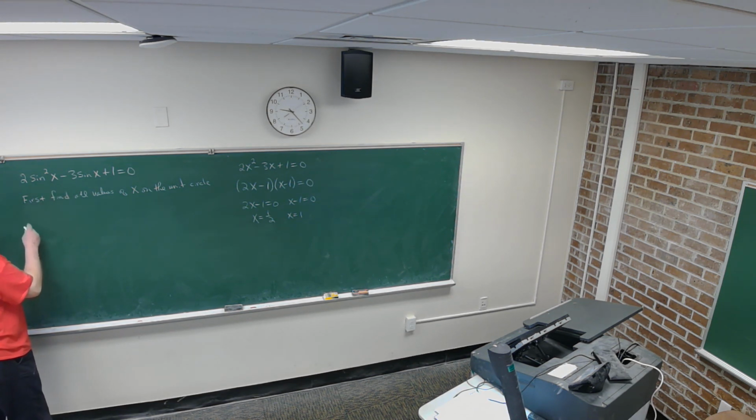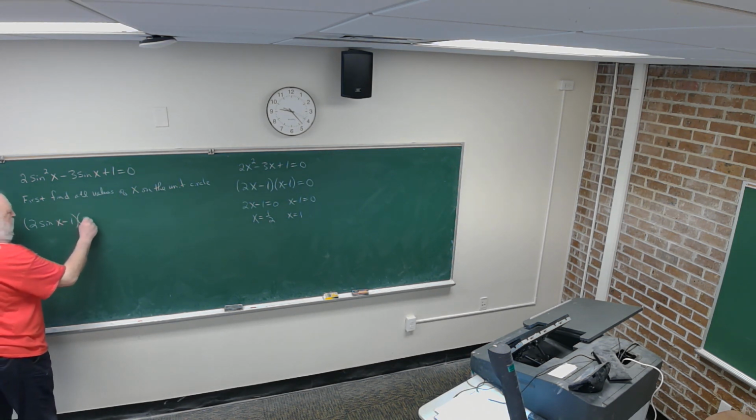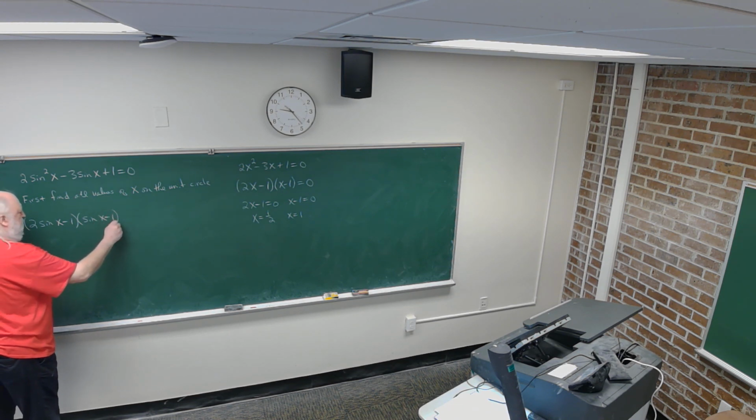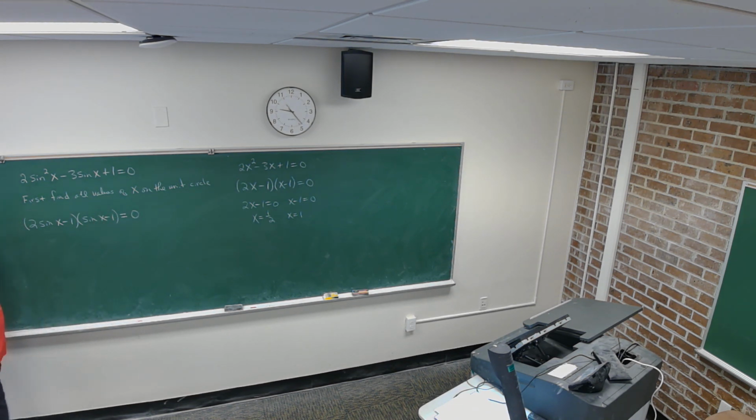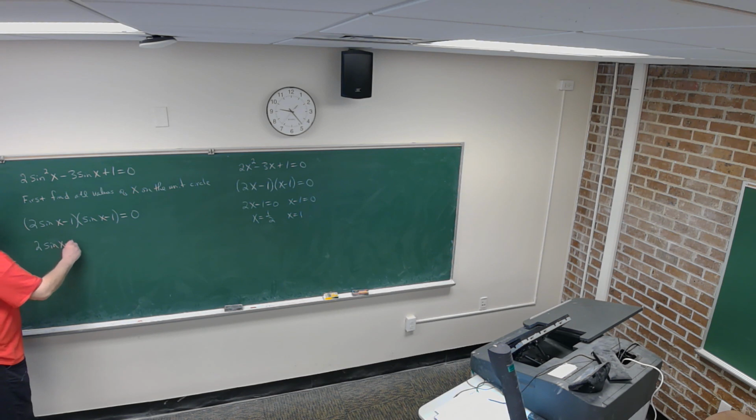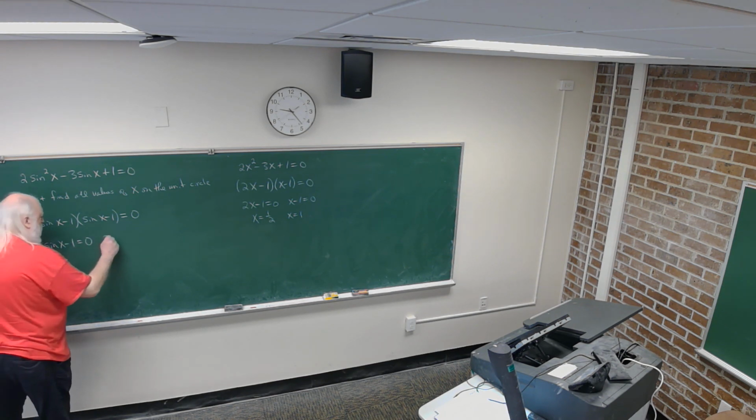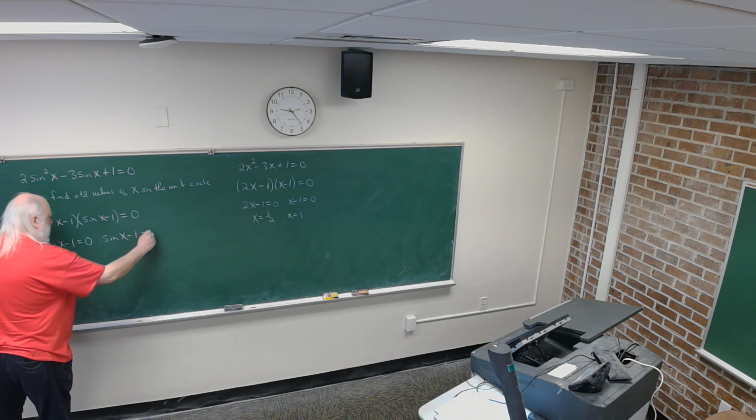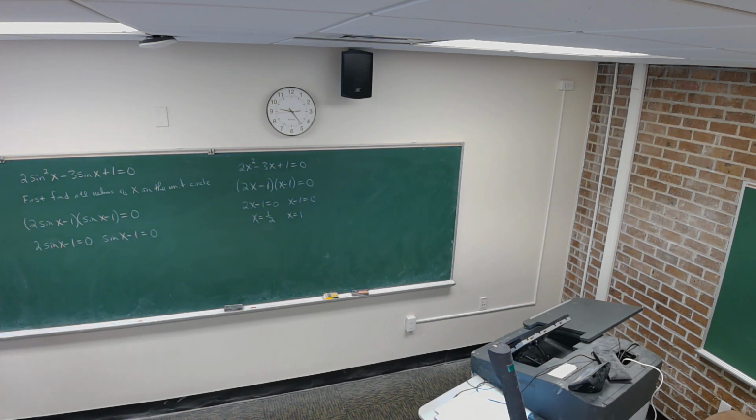So when we factor this, instead of 2x minus 1, we have 2 times the sine of x minus 1. Instead of x minus 1, we have the sine of x minus 1. And that product is equal to 0. Now by the zero product property, either this first factor is equal to 0, or the second factor is equal to 0, just like over there with the variable x.